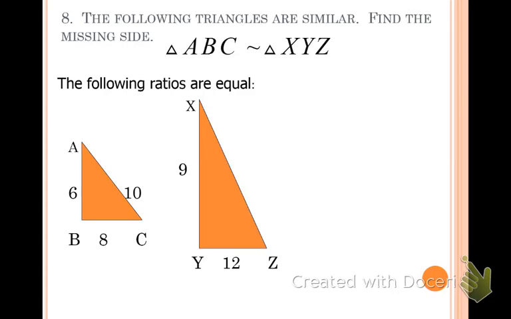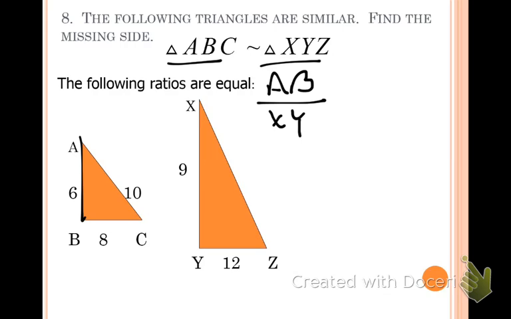Now, which sides are corresponding? Very often you're going to be able to tell by looking at the picture. But if you can't, this is what's called a similarity statement, and it's going to tell you which sides are corresponding, which sides should go together, which sides should match. So this says that if I take the length of AB in this triangle and compare it to the length of XY in the other triangle, it should be the same as the ratio of BC to YZ.